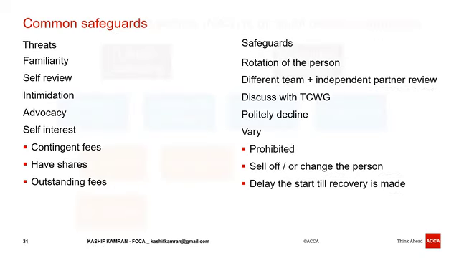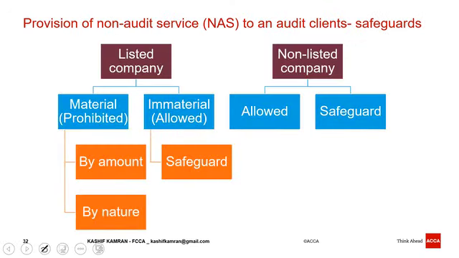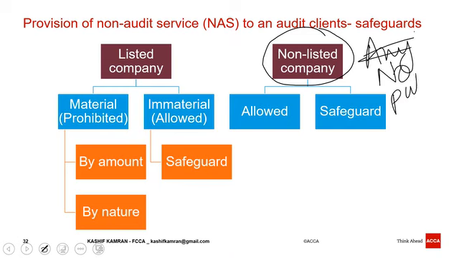Okay, the question from Imran Riaz: can it make a difference in writing safeguards between a listed company and a non-listed company? Yes, that will exactly be. Suppose you're offering a non-audit service to a non-listed company. A non-listed company does not have any public interest, so there is a lot of leniency.